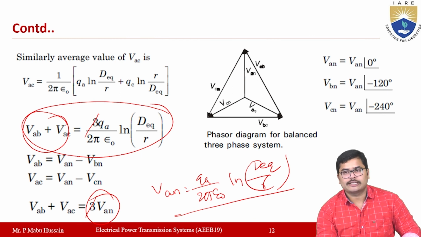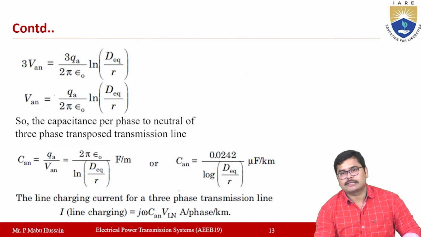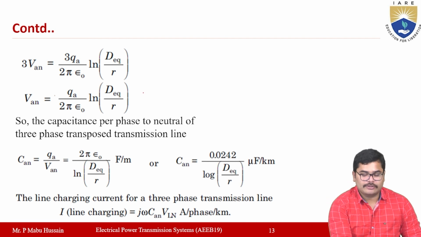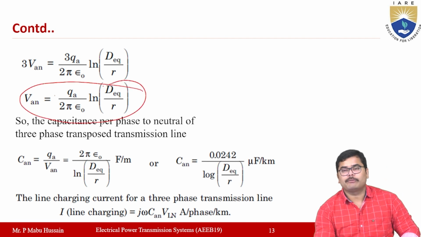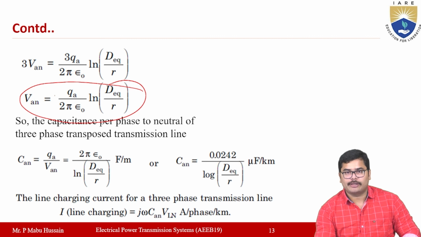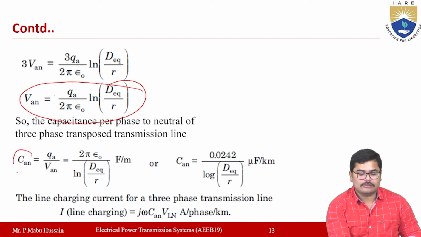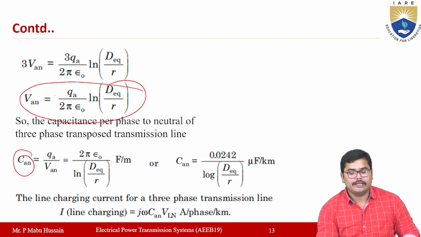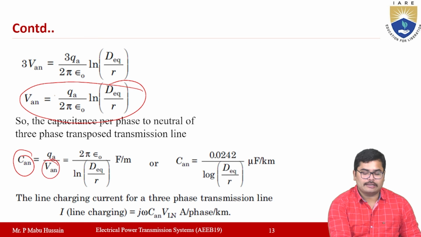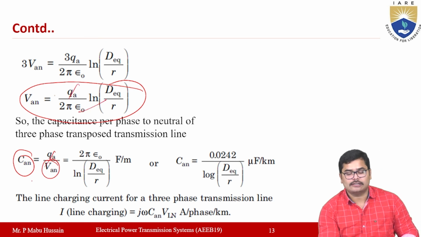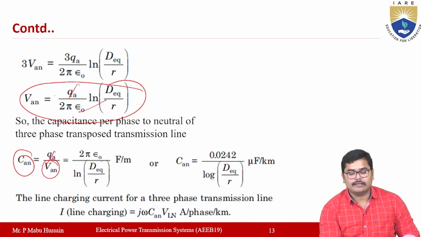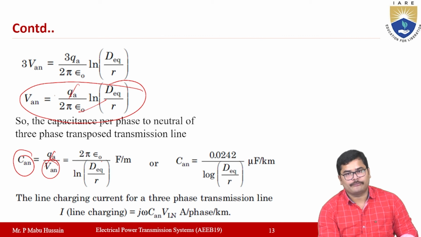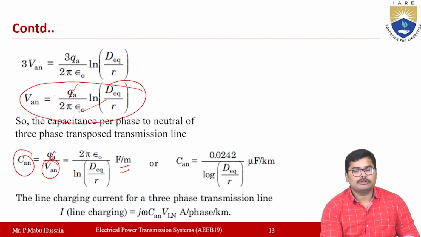Okay. Once you know the potential, you can calculate the capacitance easily. As VAN is equal to QA by 2 pi epsilon naught ln D equivalent by R, the per phase capacitance CAN is equal to QA by VAN. If you substitute this value in place of VAN, this QA will get cancelled, so you will get 2 pi epsilon naught by ln D equivalent by R, which is in farads per meter.